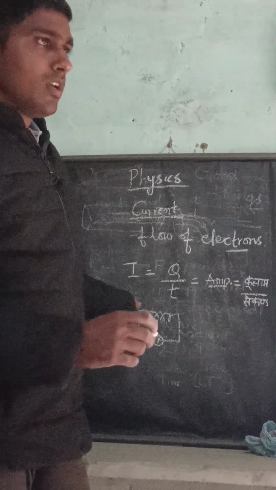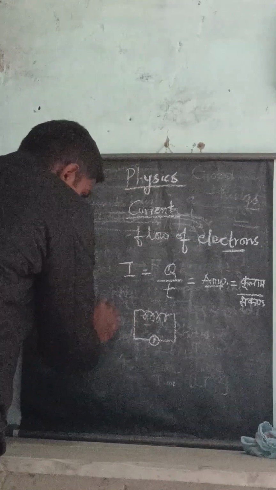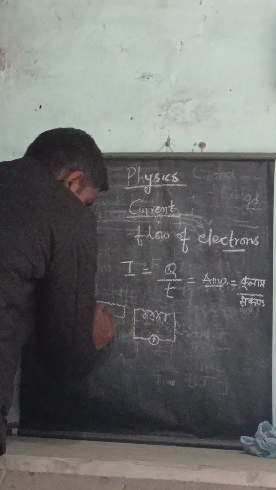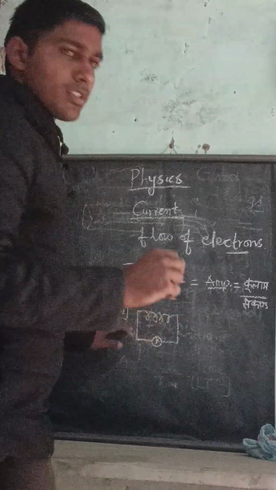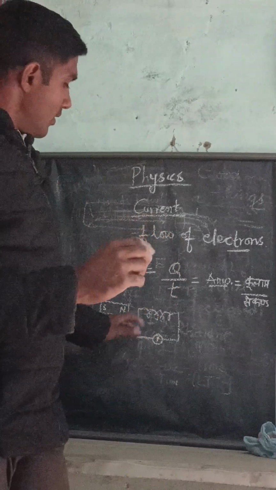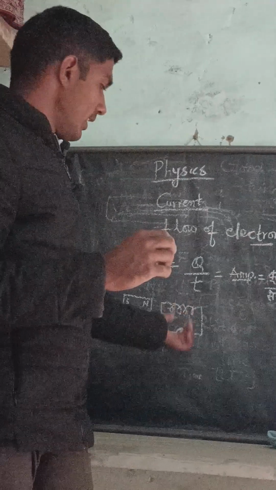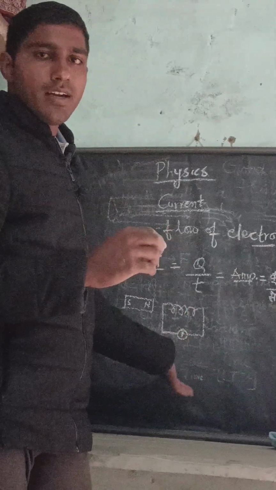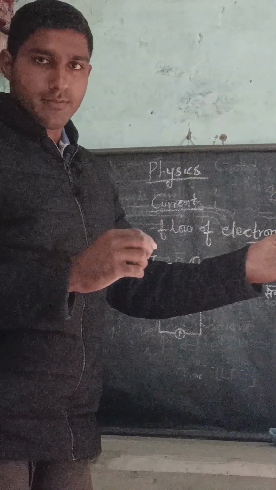So when you bring the magnet's north pole near the coil of the circuit, the galvanometer will start deflecting in the right direction.